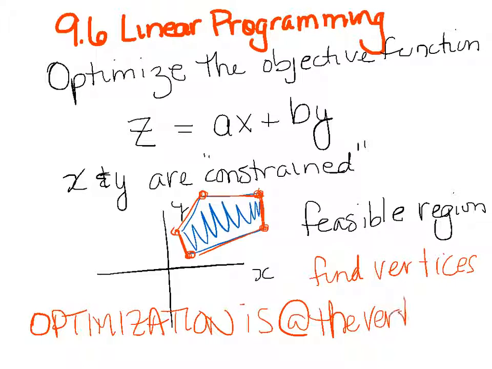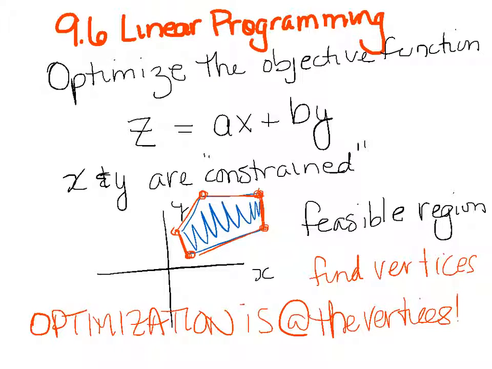That saves us the trouble of doing calculus, and it saves us the trouble of testing every point in that region to find out where z will be optimized. So all we have to do now is test every one of the vertices. And whichever one of those has the optimal value will be the optimal for the whole thing.